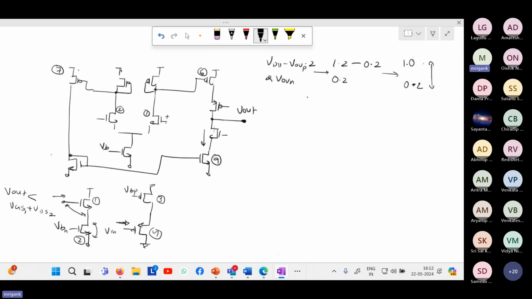One of the ways that people use is that you feed the output to these two stages. The NMOS stage will be driven by the output like this. The PMOS stage will be driven by, again, the output in a similar manner. This will be biased.